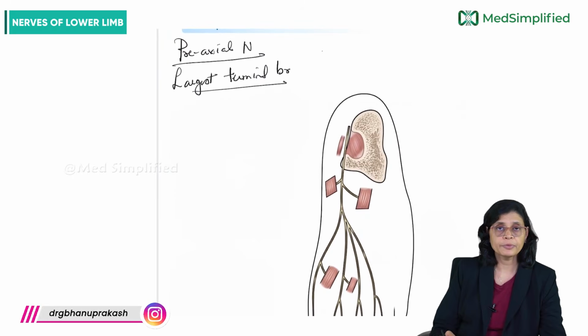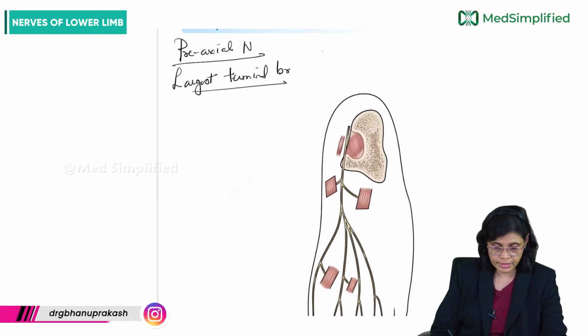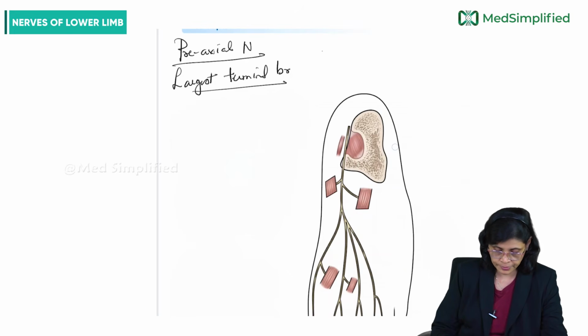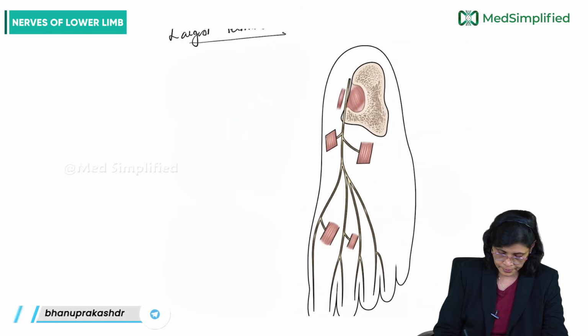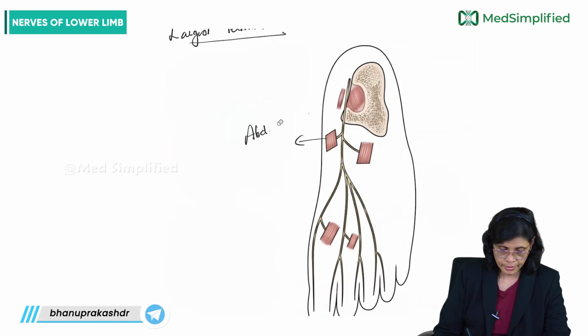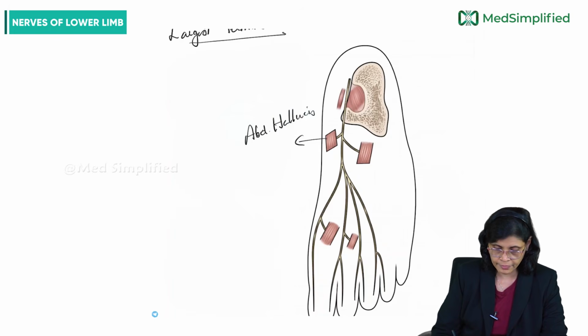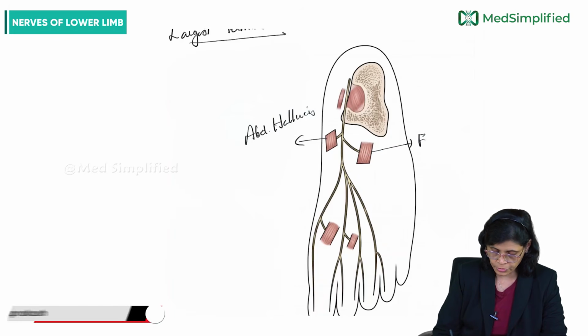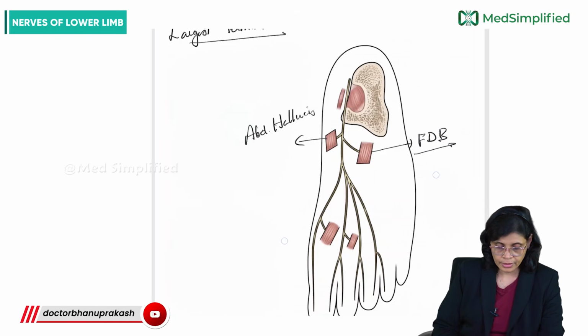It begins deep to the flexor retinaculum and passes forwards between the abductor hallucis and the flexor digitorum brevis muscle.